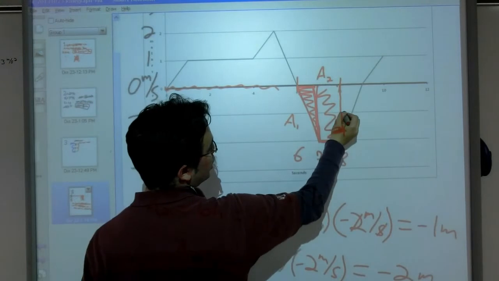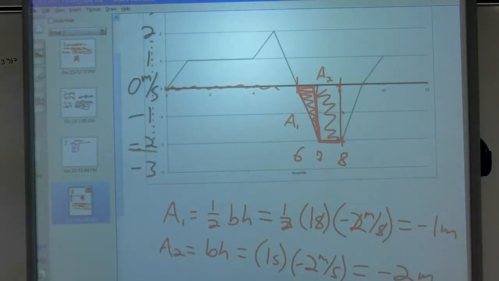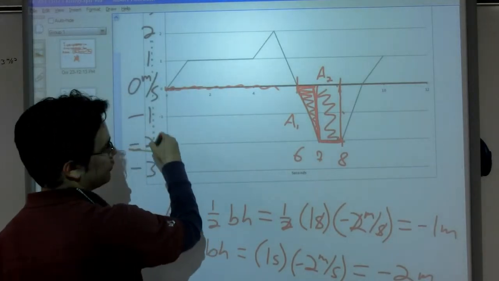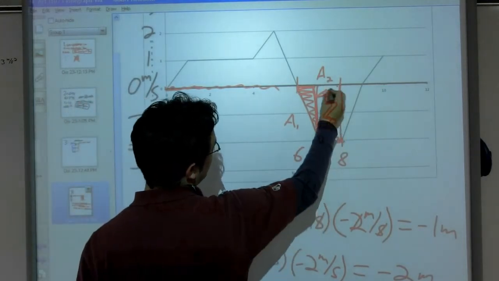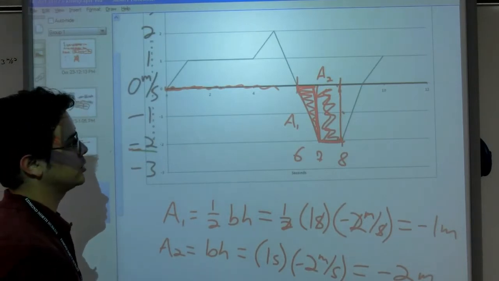And so 1, 2, you just treat it as though it's a positive. Then you can do that, but you want to keep in mind that right now, my velocity is negative, right? So I'm going the opposite direction. So the total area that I get here should be a negative displacement. I'm displacing, I'm going in the opposite direction.